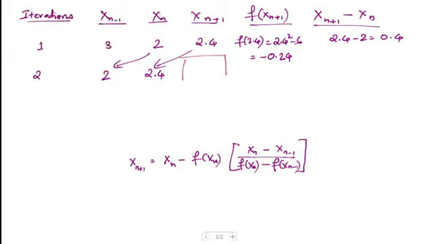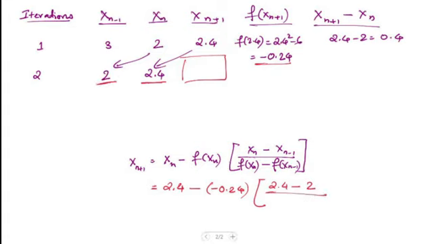Our xn from the table is 2.4, minus f of xn, that means f of 2.4, which we just found above, which is minus 0.24, times xn, which is 2.4, minus xn minus 1, which is 2, divided by f of xn, f of 2.4, which is minus 0.24, minus f of xn minus 1, which is f of 2.